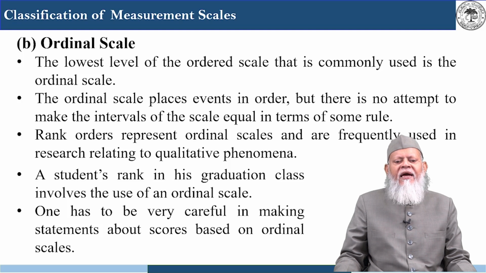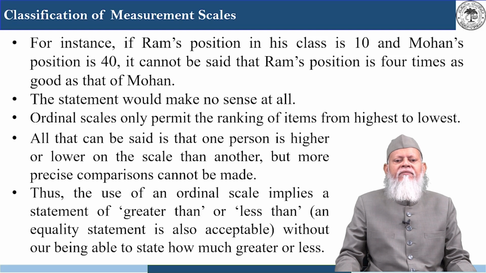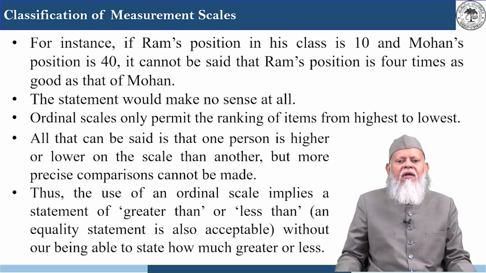A student's rank in his graduation class involves the use of an ordinal scale. One has to be very careful in making statements about scores based on ordinal scales. For instance, if Ram's position in his class is 10 and Mohan's position is 40, it cannot be said that Ram's position is 4 times as good as that of Mohan.